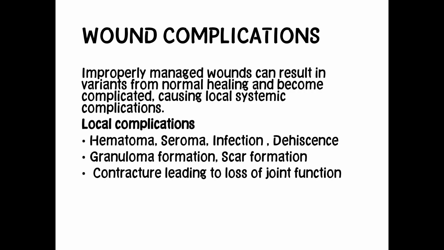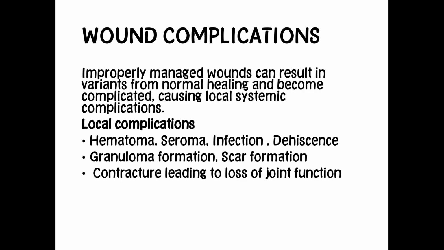From there, we are going to discuss briefly the common wound complications and how they can be managed. It should be observed that improperly managed wounds can result in variants from normal healing and become complicated, resulting in local and systemic complications, sepsis, and infection.